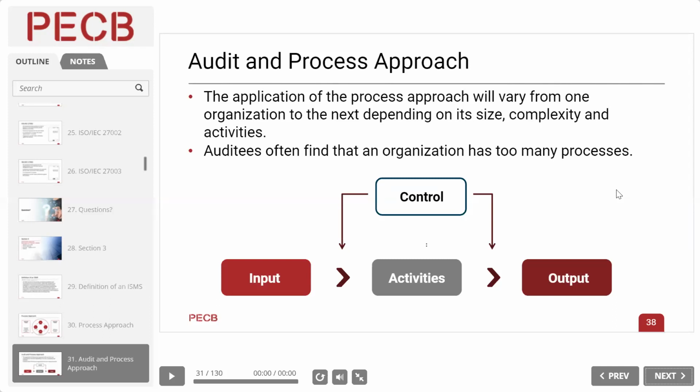And this also enables audit to effectively audit it, because once it's been mapped, it's been documented, it's been approved by management, then this is the way that it has to be done. And this is incredibly important.